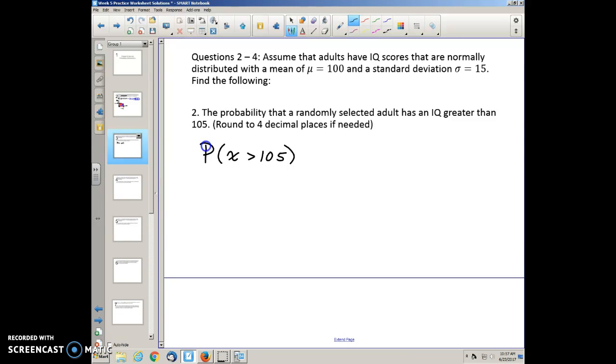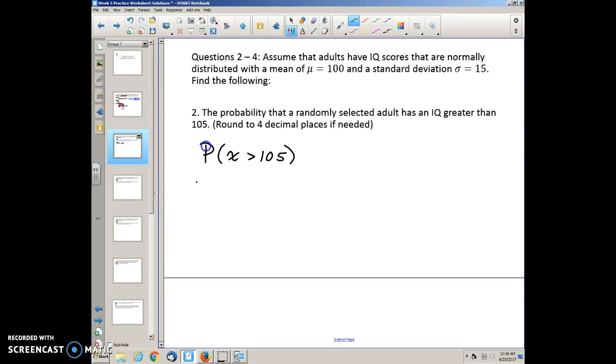There are two methods here that you could use. There's a z-distribution that lists areas to the left of z, or you can use the normal CDF function in your calculator. I'll mostly be using the normal CDF function in my calculator for this.